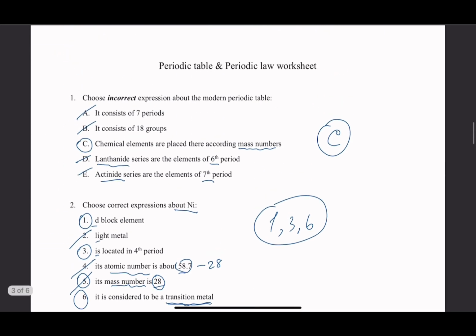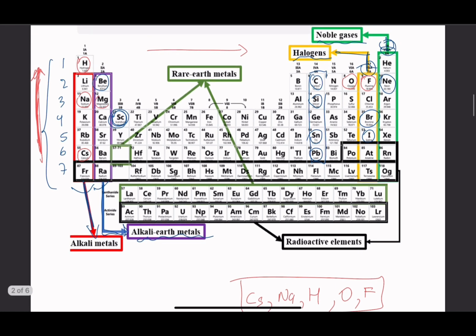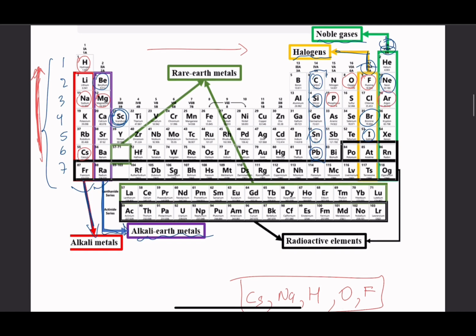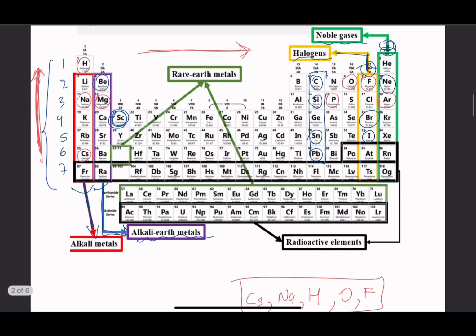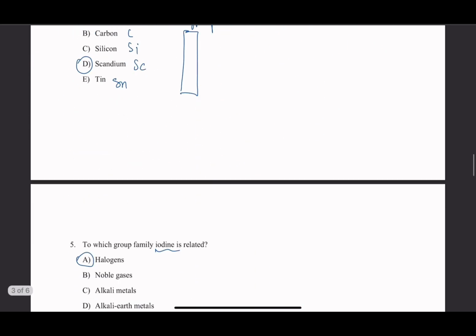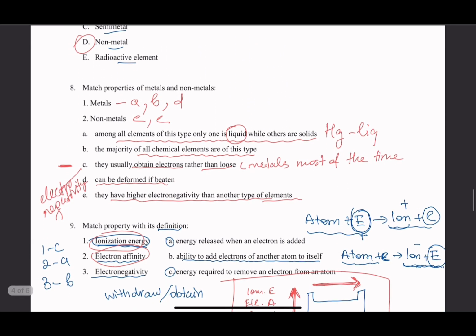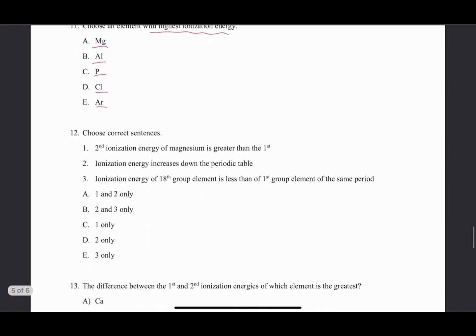If we locate these elements, magnesium is here, phosphorus is here, but argon is here. We said that as you go left and as you go up, argon is the one farthest to the right. So argon is going to be the element with the highest ionization energy.